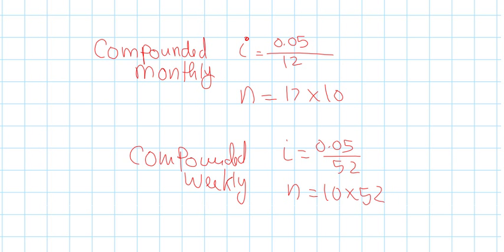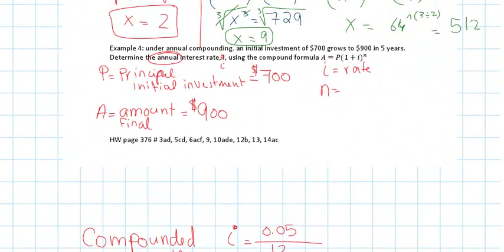Now, in the case of our example here, it's compounded annually, right? Annually means once a year. I'm not going to divide or multiply because it's 1. That's not going to change anything for me. Okay? So I'm looking for I, and I know N is how many years? 5.